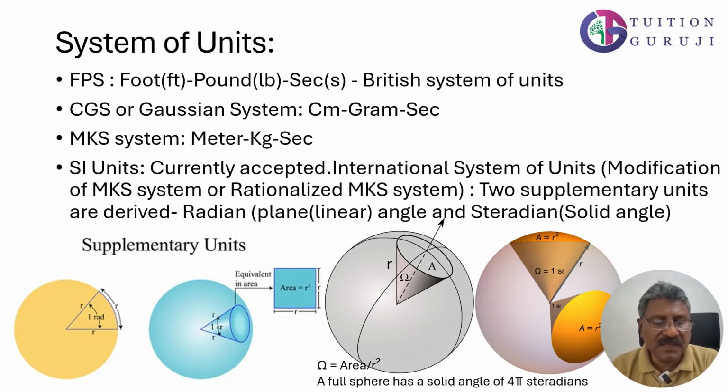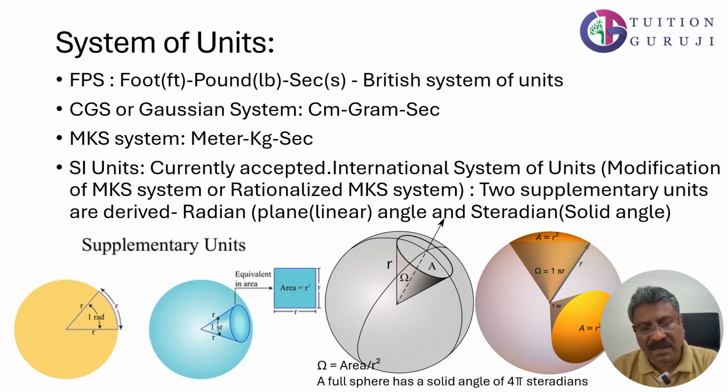1 radian is equal to arc length by radius. If r is the radius of a circle, and it makes some arc length, and that arc length is equal to r, that means the arc length is equal to the radius.